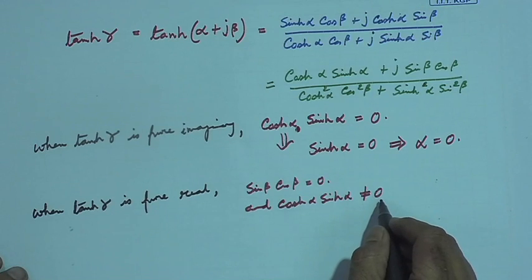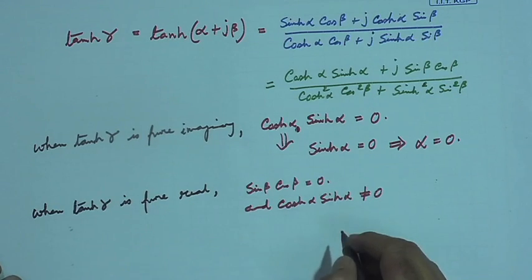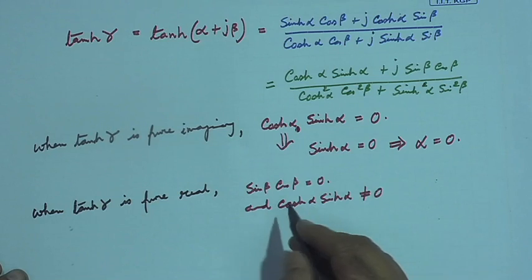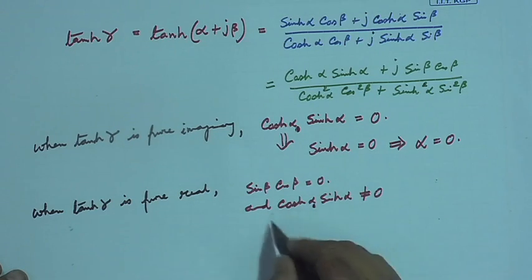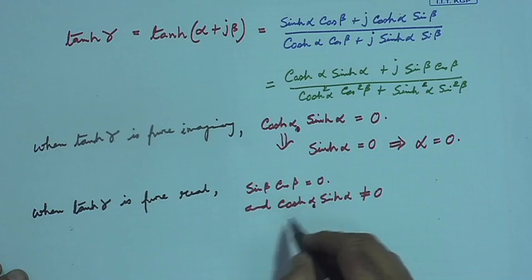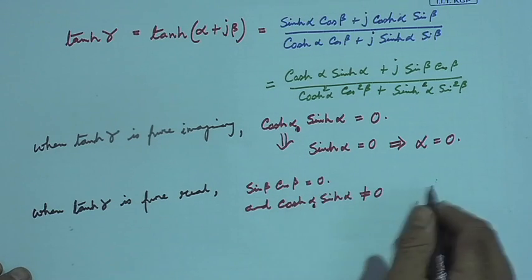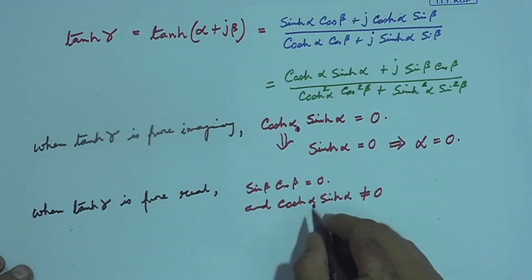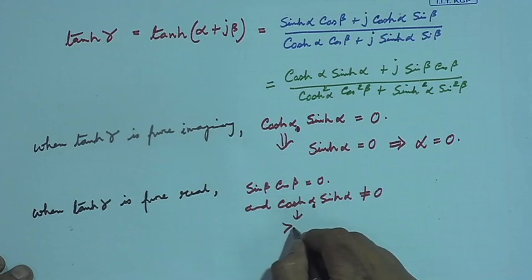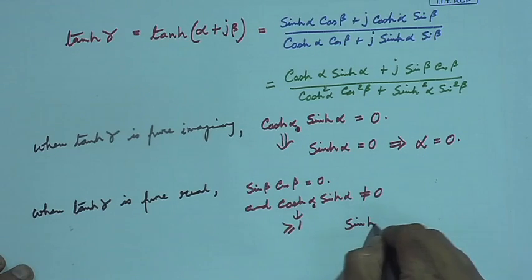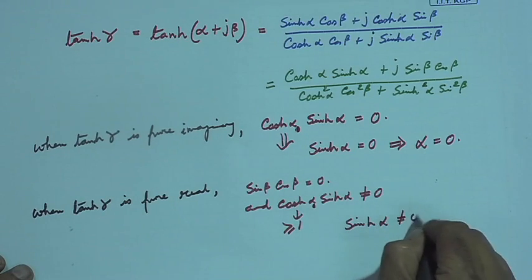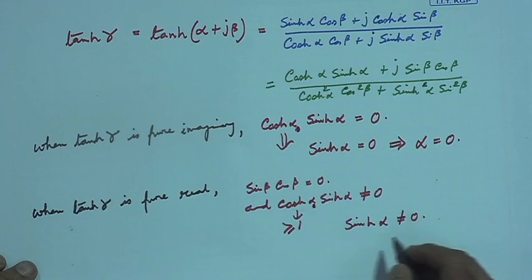But cos hyperbolic is always greater than or equal to 1, so no problem. What we demand is that sin hyperbolic alpha is non-zero. So, that means alpha is non-zero.